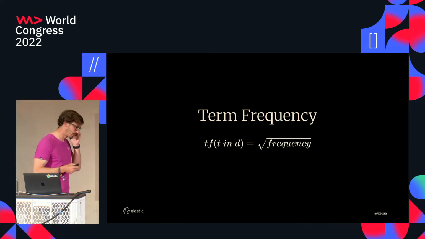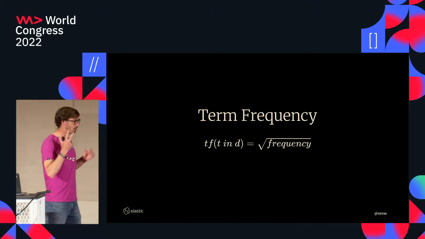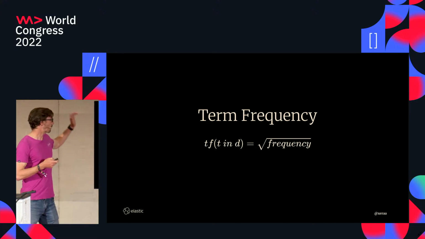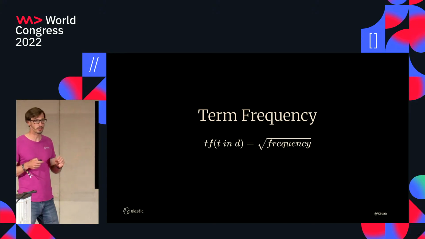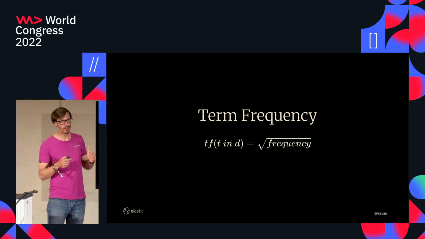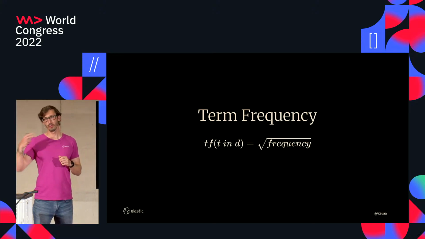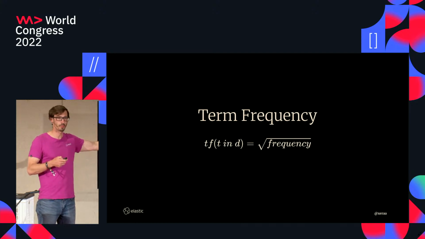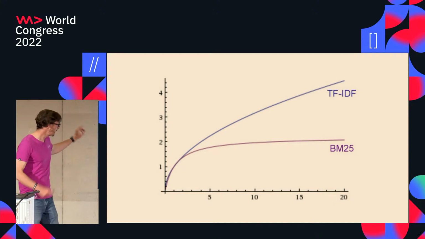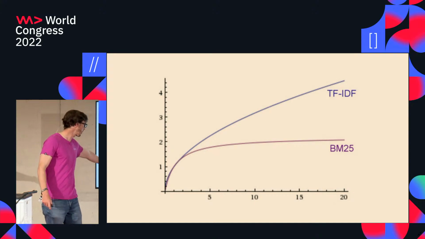So you have three attributes in BM25 or TF-IDF. The first one is term frequency. If I'm searching for Luke, and one document contains Luke once, it's less relevant than another document that contains Luke three times. So it's the square root of the frequency of the term that I'm searching for, which looks like this. If I have one Luke, it's this relevant.